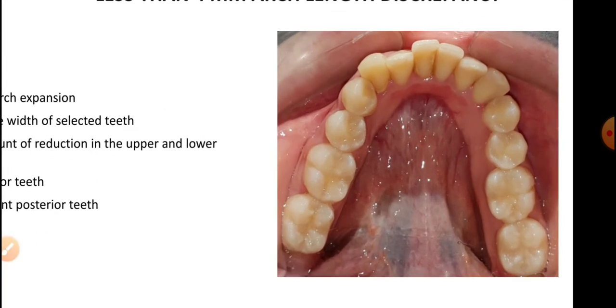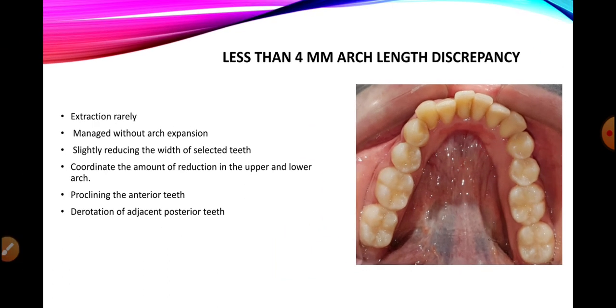What else can be done is slightly reducing the interproximal spaces, that is IPR, interproximal reduction or stripping, and that is coordinated with the upper arch. Or what can be done in cases of very mild crowding, like 4 millimeter, is either IPR or stripping, or proclining the lower incisors or the upper incisors, that will provide space within the arch and correct this minimum amount of crowding.